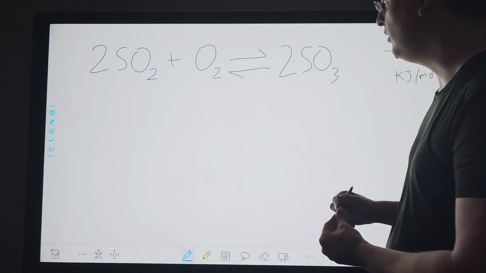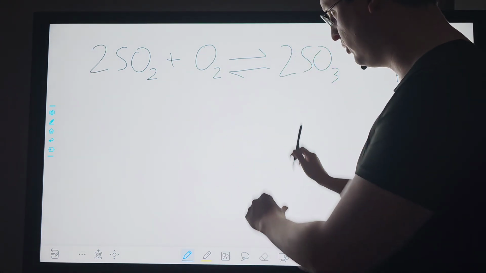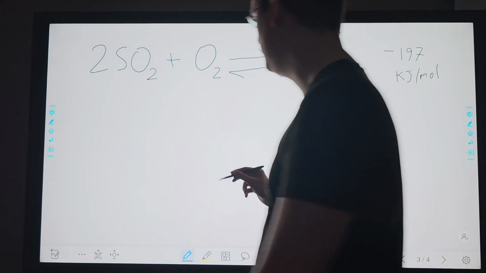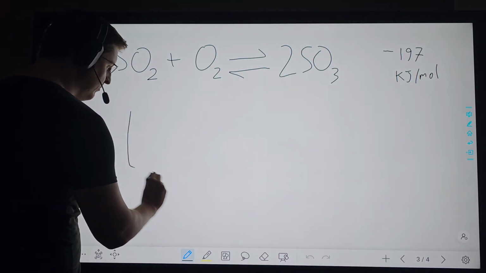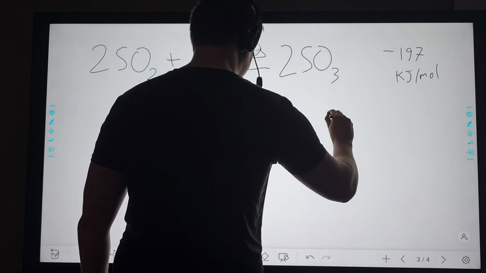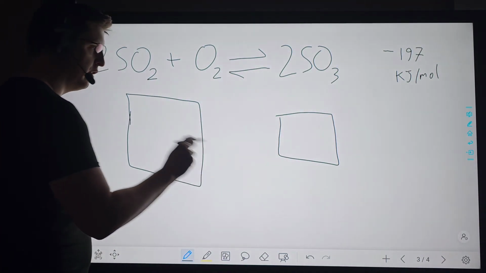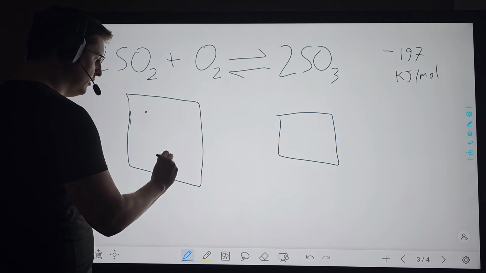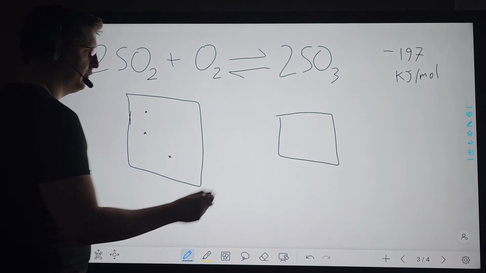Now, do not be confused though. If I were to give a visual demonstration of what equilibrium is, imagine 2 boxes. These boxes are going to trade these little dots.